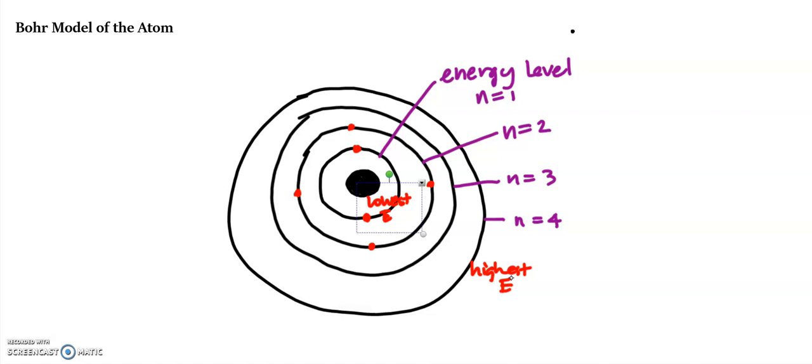So electrons can move from energy level up or down. And what we need to know is that when they go up, so they go from like 1 to 2 or 1 to 3 or 2 to 4, anything like that, when they go out away from the nucleus, they have to absorb energy.